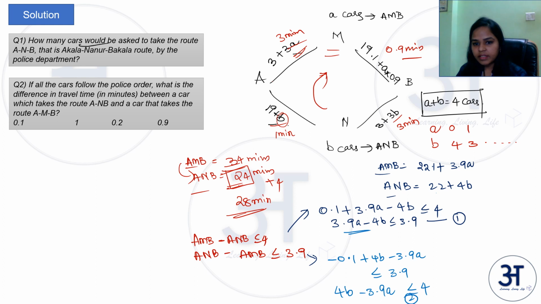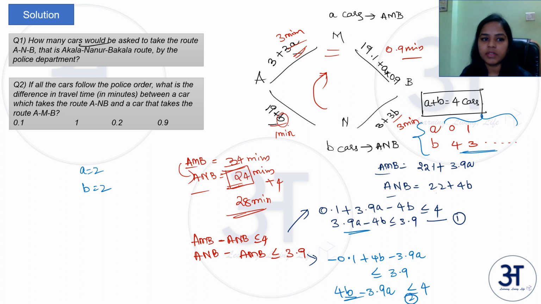If you look at this, the only values satisfying these two within all these possibilities are A equal to 2 and B equal to 2. If you're someone who's fast in numbers and good at inequations, this will be a very fast method compared to calculating all these, because you might go wrong somewhere in between. So once you get A equal to 2, B equal to 2, the answer for this is 2 clearly.